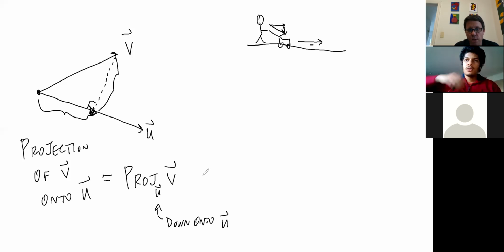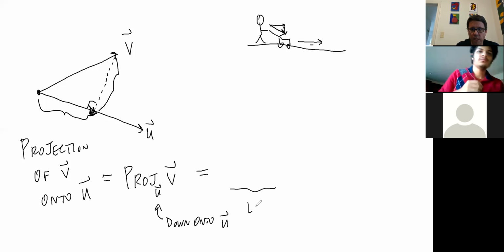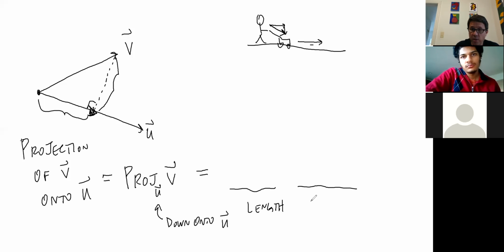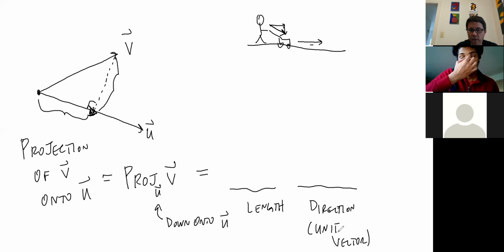Well, every vector has two parts. It has a length, and we want to figure out what that length is. And it has a direction to it. The direction, using sines and cosines, or using the unit vector, is going to be a unit vector that points along U. So it has length 1.